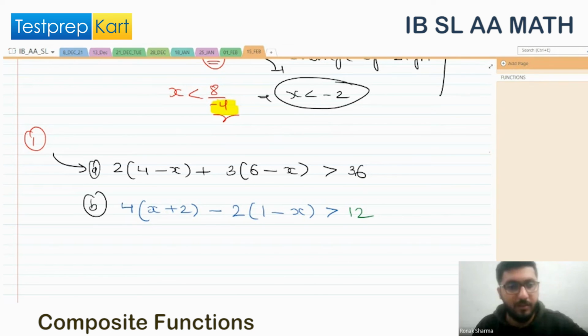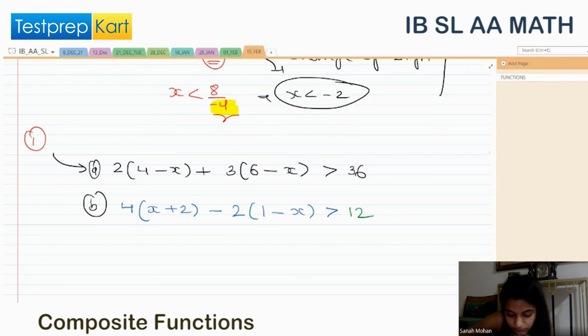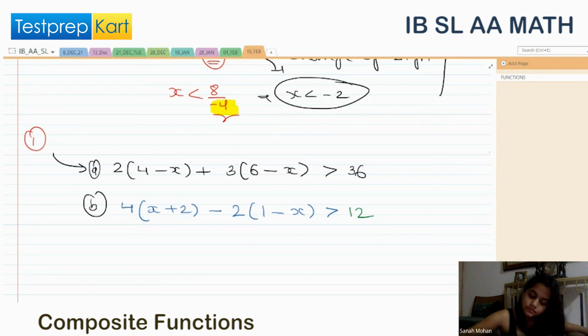Try these two questions. Okay. So let us solve it.